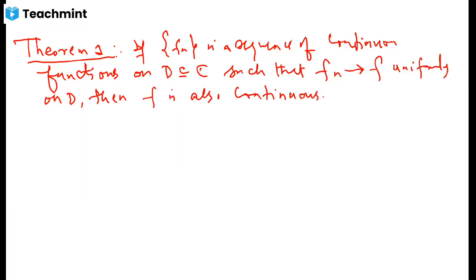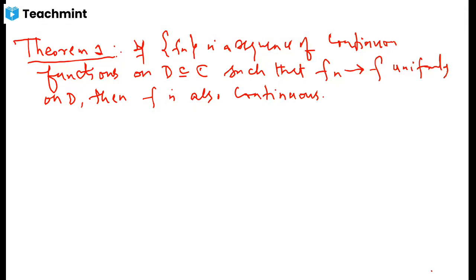I'm not writing its proof. Why am I not writing it? You have to reproduce the proof here, because the proof that you did for real sequences in your previous semester will work for this also, because there is nothing special about complex valued functions or real valued functions.